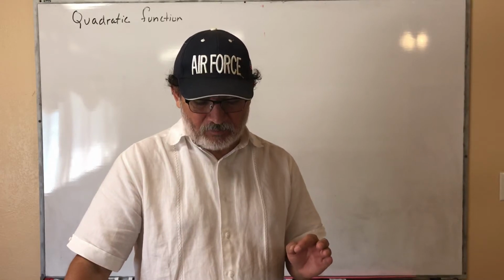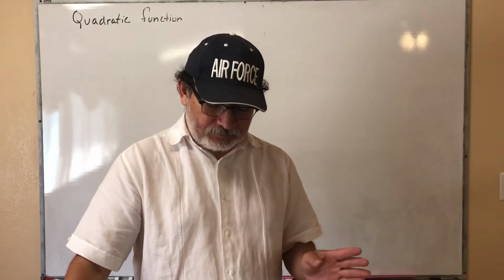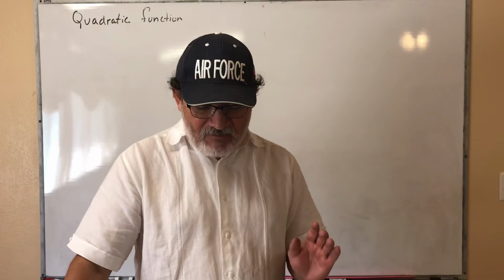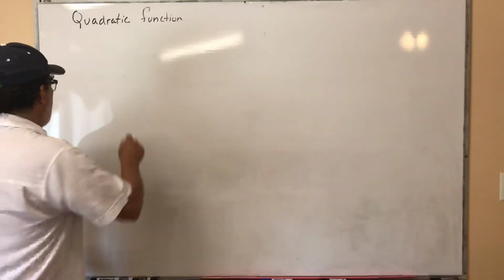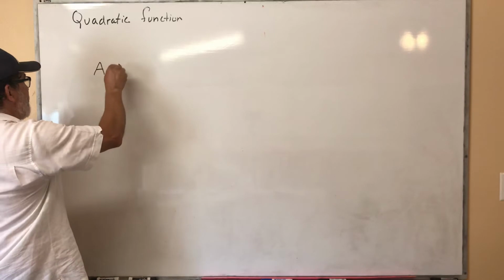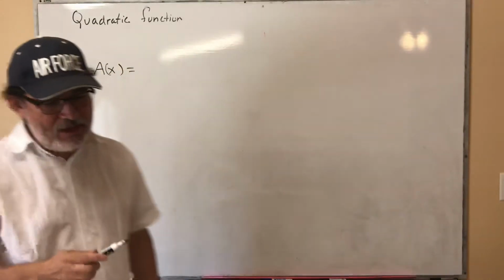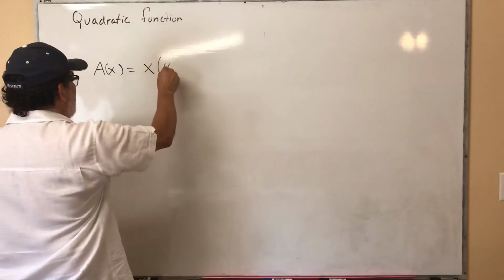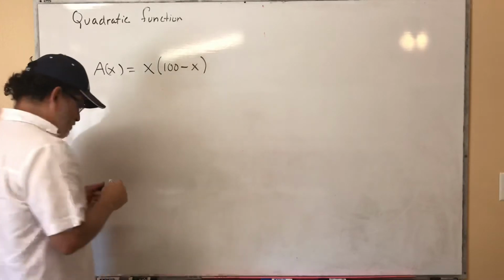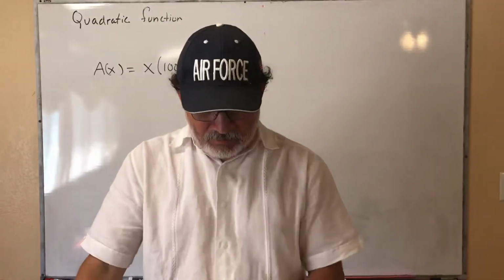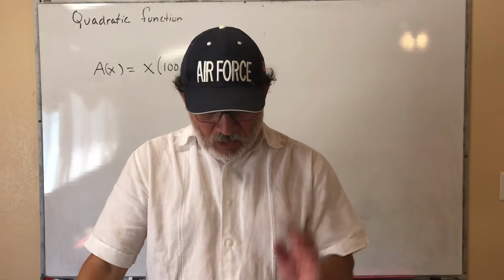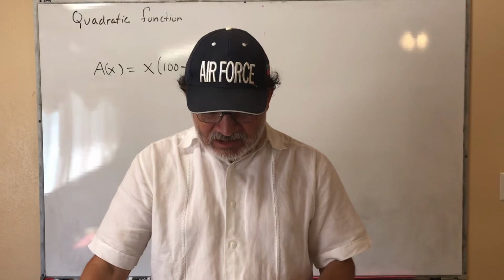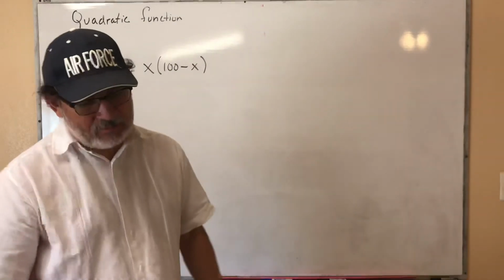Now, it says, if the area is given by x times 100 minus x, what dimensions maximize the area inside the fence?